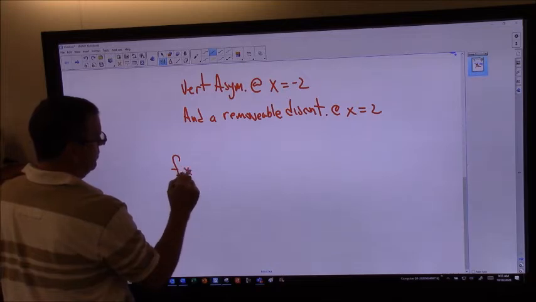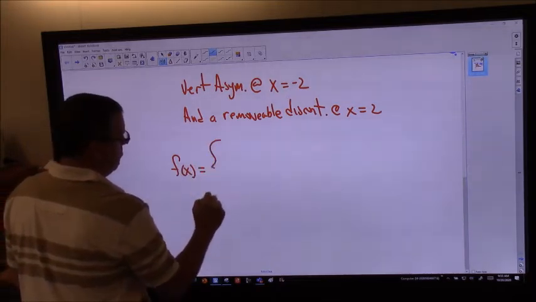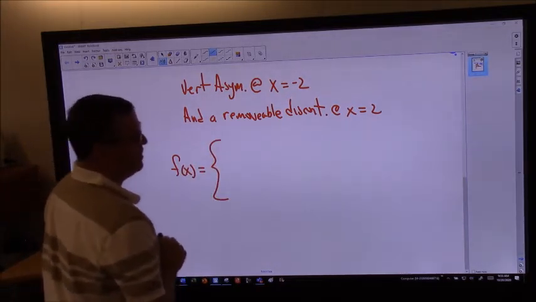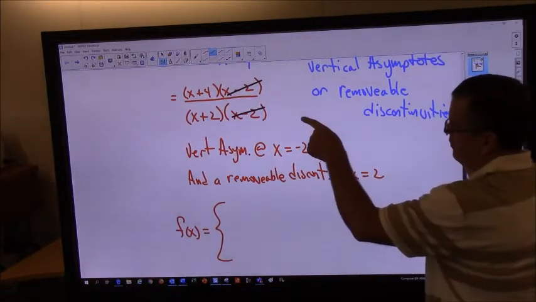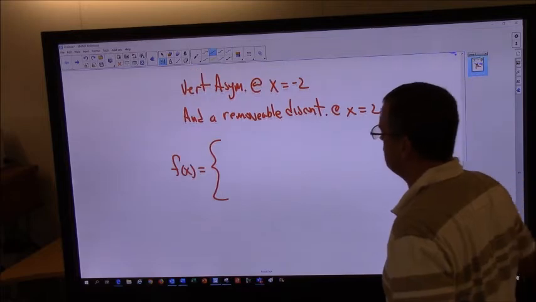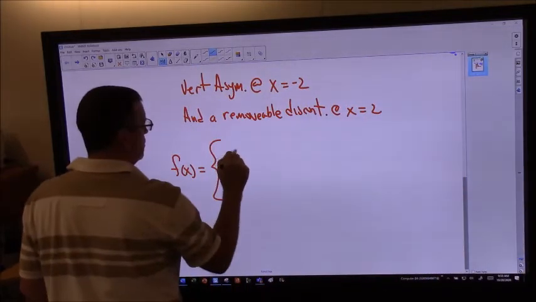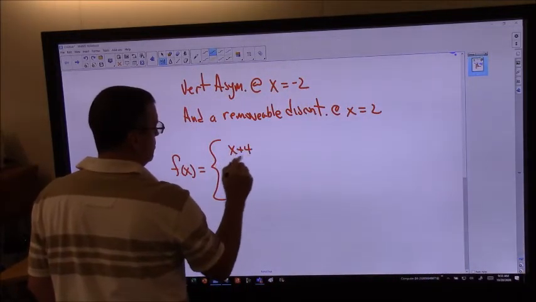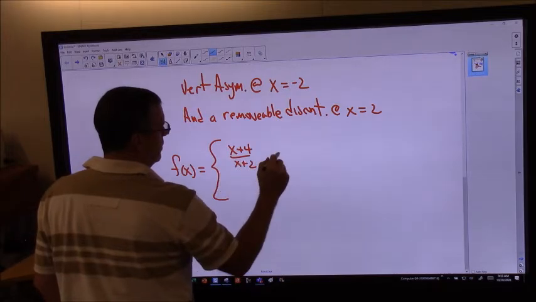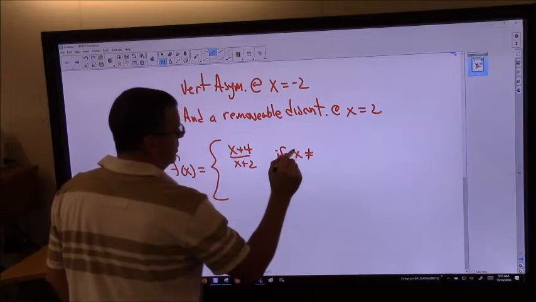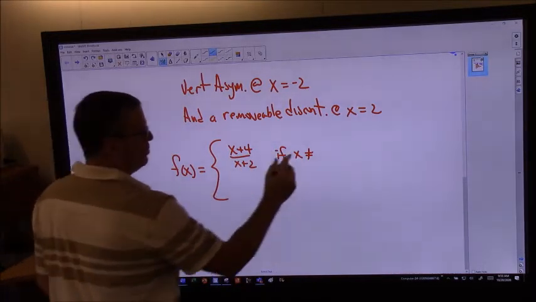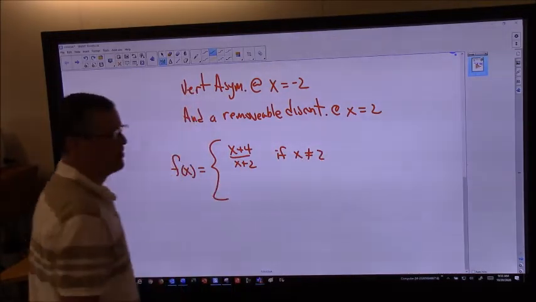F of x equals a piecewise function, and what it equals is x plus 4 over x plus 2 if x does not equal 2, because that's where the removable discontinuity is.